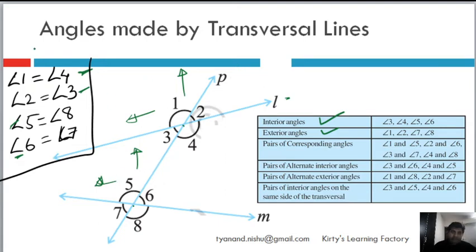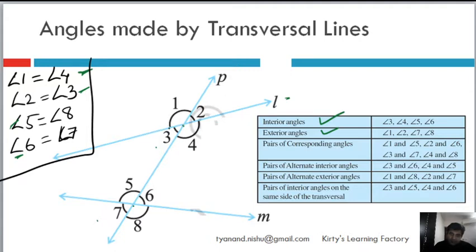So 1 and 5 are therefore in a similar position. So they are called corresponding angles. So 1 and 5 will be corresponding. Okay? 2 and 6 will be corresponding. Similarly, 3 and 7 will be corresponding, right? 3 is on the bottom of the intersection point.